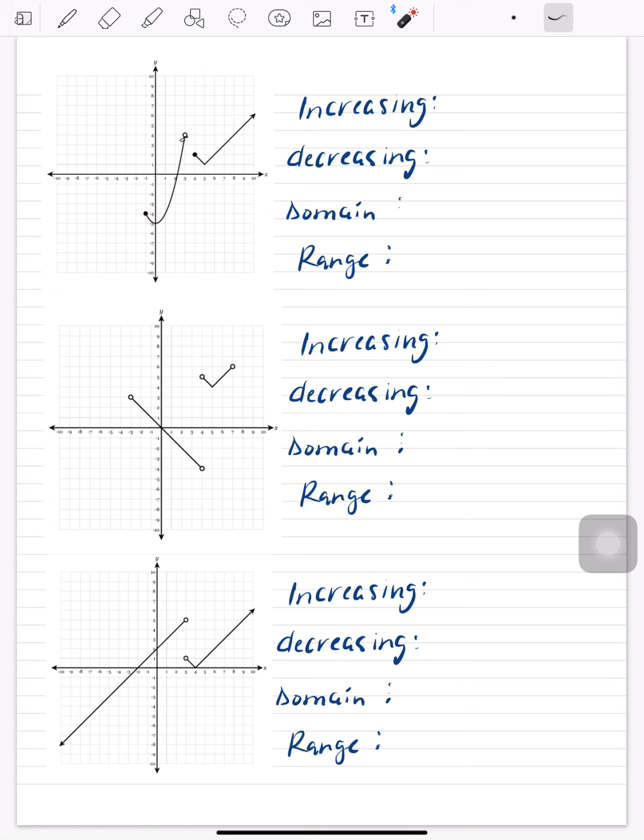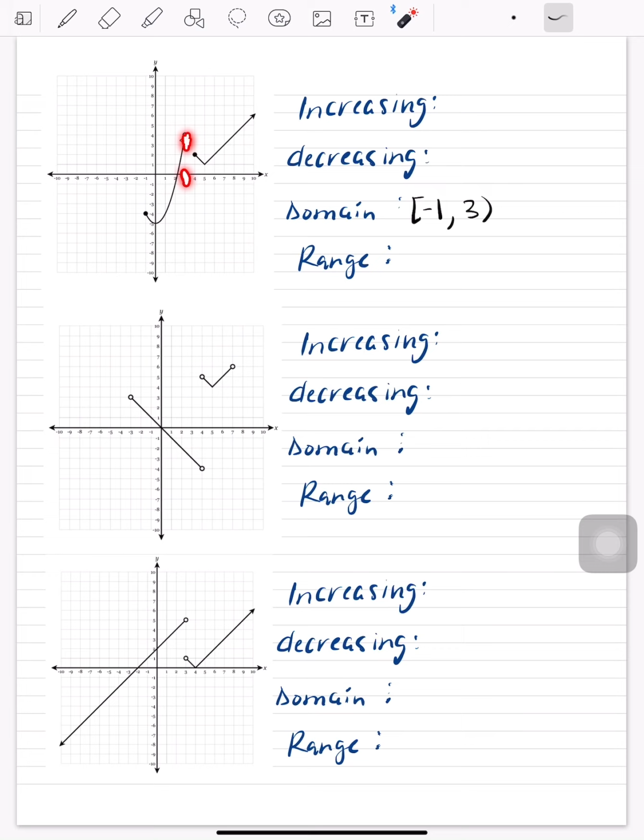So let's begin. For the domain, we scan from left to right, and our graph starts at this x value of -1, and it seems to end over here. So for the domain, if you read the graph, it starts from -1 bracket because it is a closed circle, and it goes all the way up to 3. And 3, if you can see, it's an open circle.